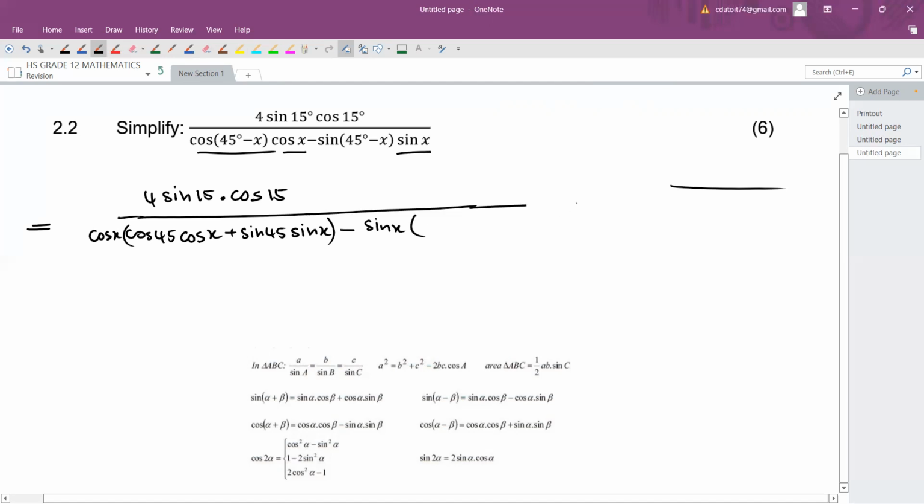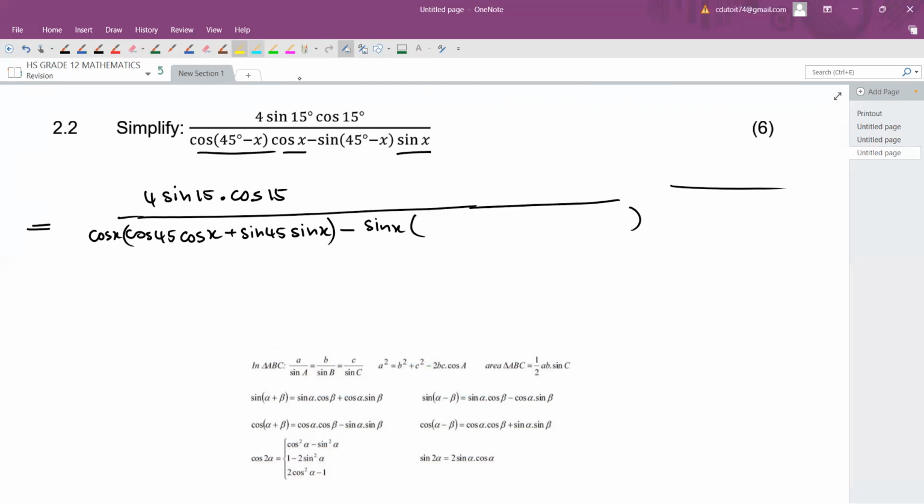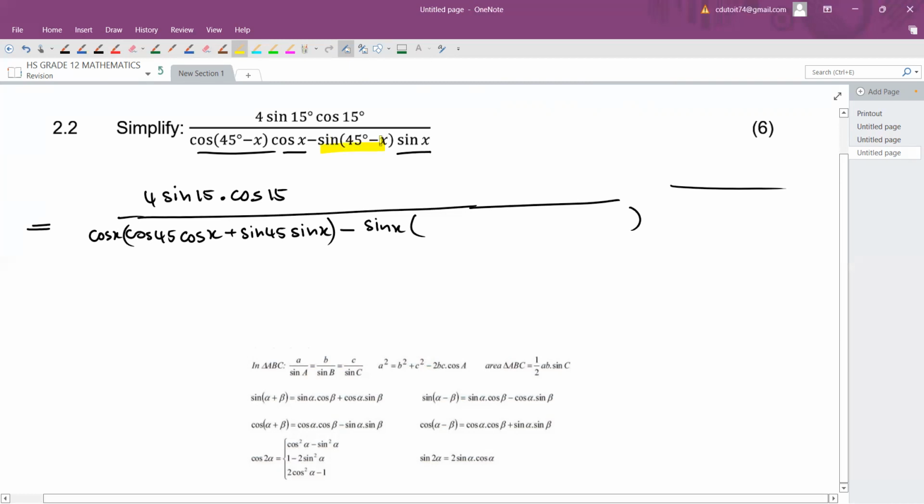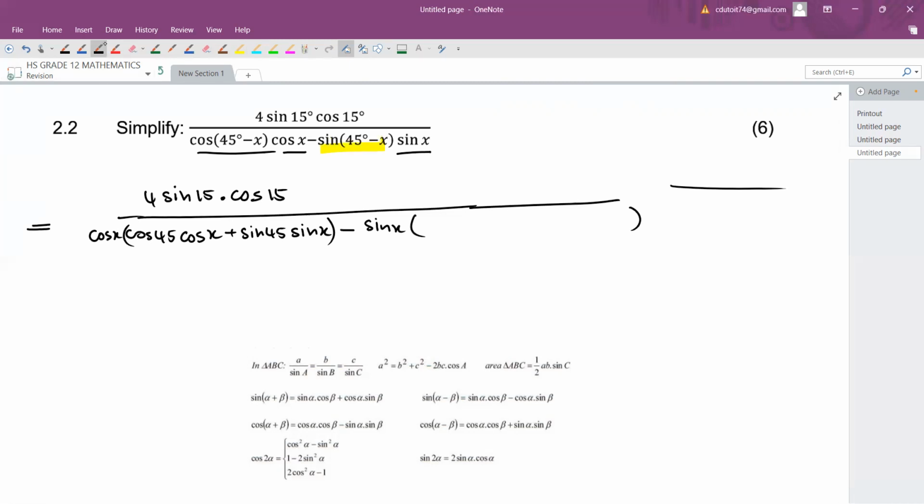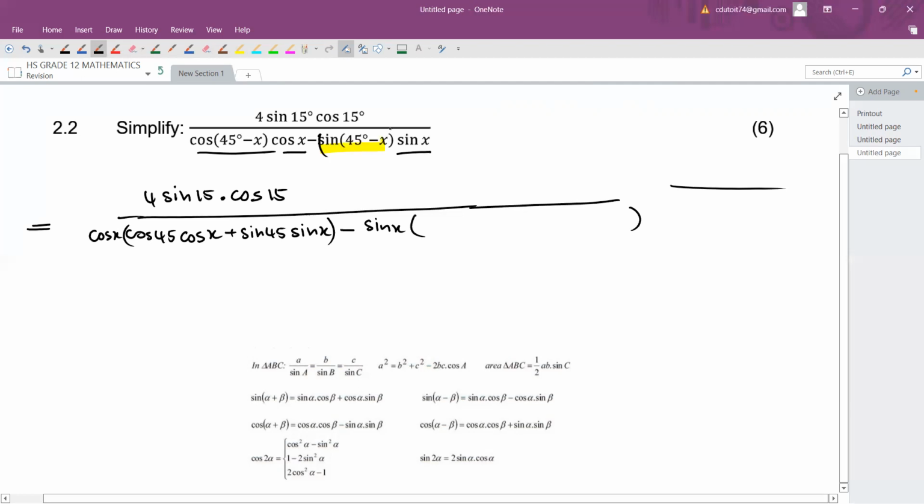And then I'm going to convert this sin A minus B. You see that? I've just moved this sin x in front of the bracket. It's easier to multiply. So now that becomes sin A cos B minus cos A sin B. That's okay. That's a lot of stuff.